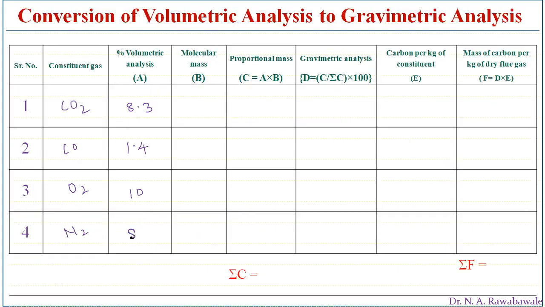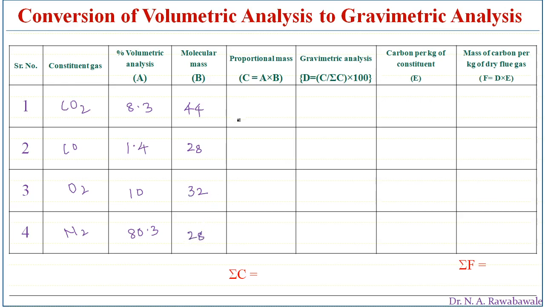The molecular mass of carbon dioxide is 44, carbon monoxide is 28, oxygen is 32, and nitrogen is 28.